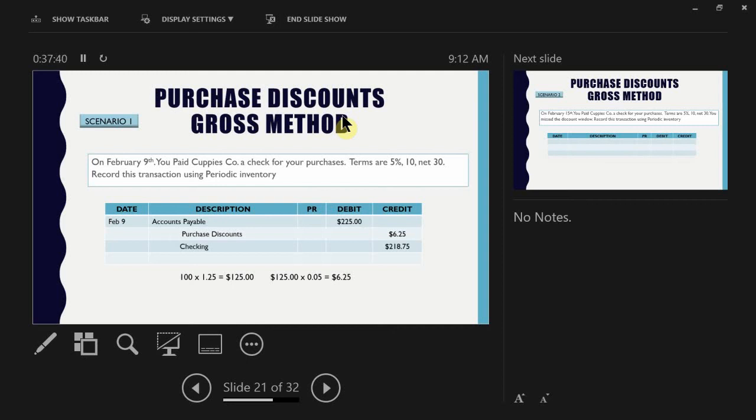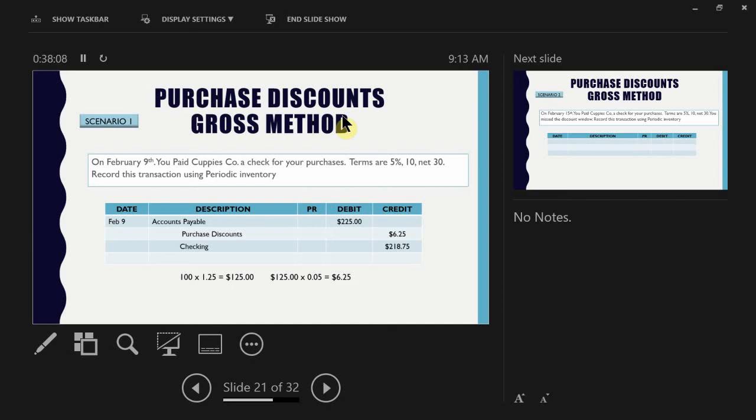So again, 5% of 125 is actually going to be placed here under purchase discounts for $6.25. Whereas the remaining check that I'm going to be writing out is going to be $218.75. Now, here's another question. How come I didn't discount the entire amount of the 225?